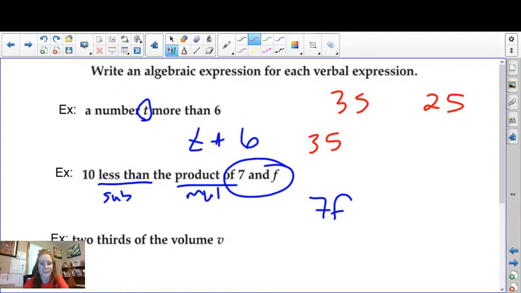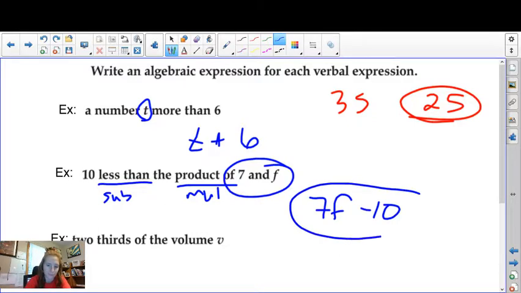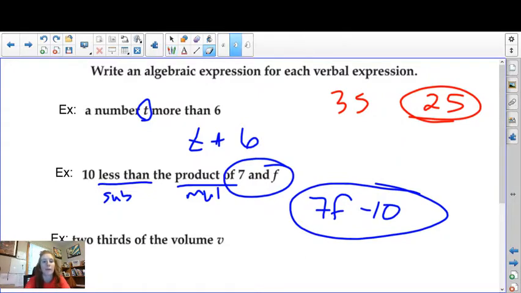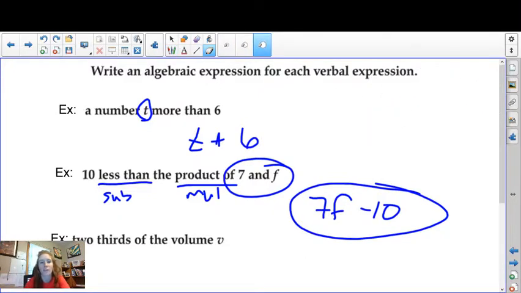Since that doesn't make sense, I'd have to say that 25 is 10 less than 35. Yes, 25 is 10 less than 35. So I know it sounds backwards, but I promise you that one's my answer. Don't hate me. I know that was a big discussion in class, so I'm sorry.